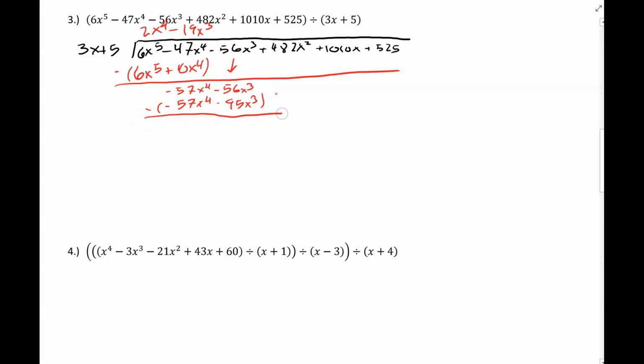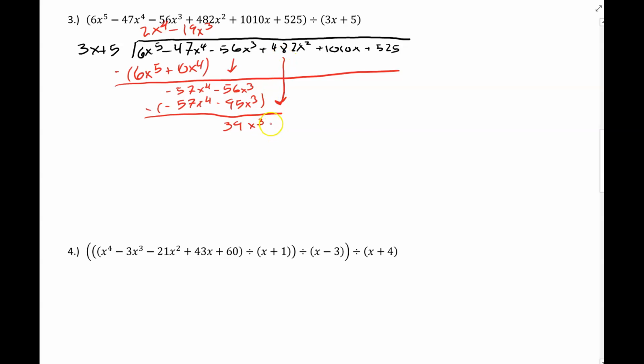And then I subtract down. So negative 57x to the 4th minus a negative 57x to the 4th just gives me 0. And then negative 56x to the 3rd minus a negative 95x to the 3rd is just like negative 56 plus 95. So when I do that, I get, what, 39x to the 3rd?